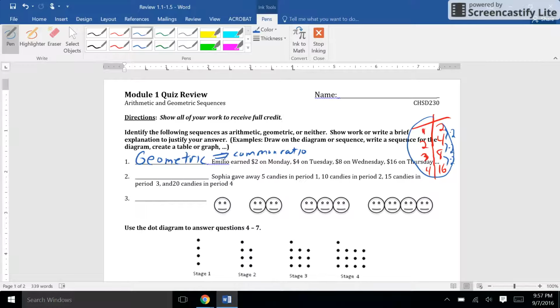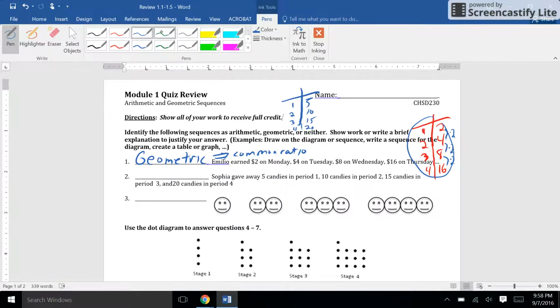So I'm going to draw another table. Apologize about the room. I'm going to draw it right up here. I'll draw it in blue. Here's my table. So in period 1, 5, period 2, 10, period 3, 15, period 4, 20.